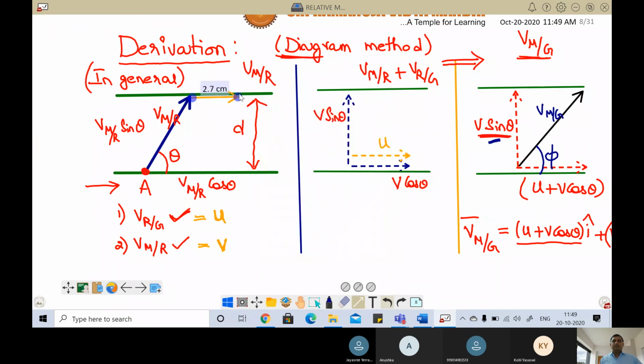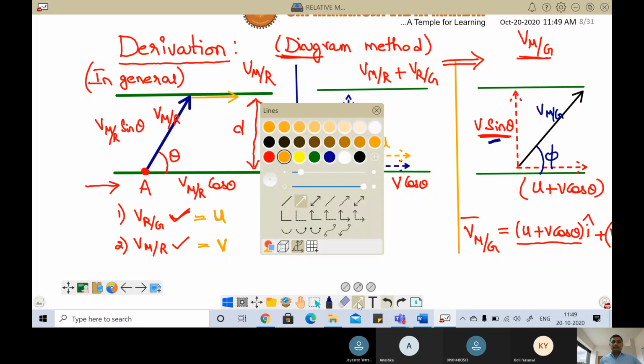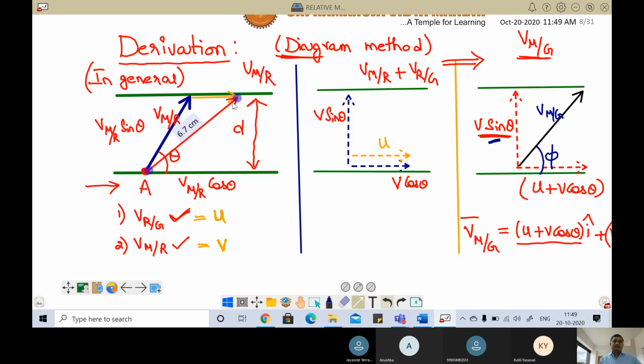This is the river velocity. This angle is what I am telling about phi. This angle is theta, please don't get confused. Phi is the angle made by the man's velocity with respect to ground with the river flow.